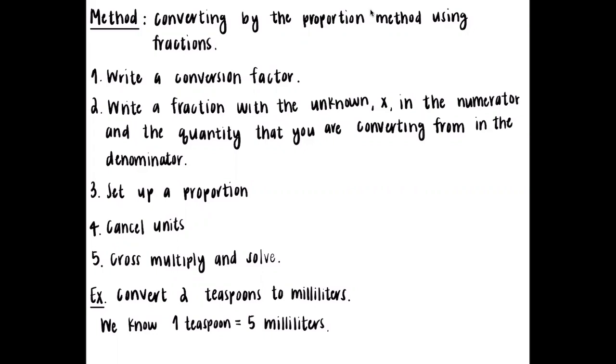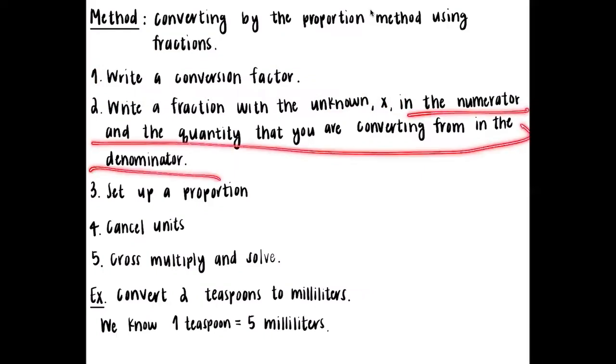So first things first, we want to have the conversion factor. Again, this is something that I will give you if it's stepping out of the metric system specifically. So I will give this to you. Write a fraction then with the unknown x, so what we want to solve for, what the final answer will be, in the numerator, and the quantity that you were converting from in the denominator.